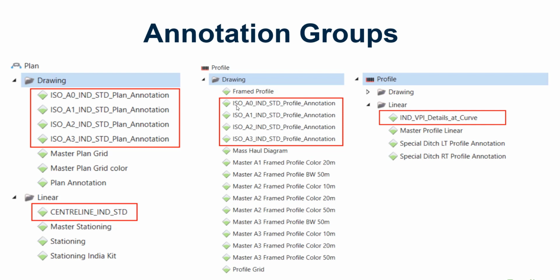Your framed and non-framed bands, basically the profile bands, are controlled by your drawing annotation groups, which are the additional ones highlighted under this red box, and the previous ones are also present. Those who are very comfortable with the previous annotation groups can also make use of them. However, you can try the new annotation groups which we have created for different sheet sizes. If we move on to the actual drawing, let us see in the Explorer tab where these are available.